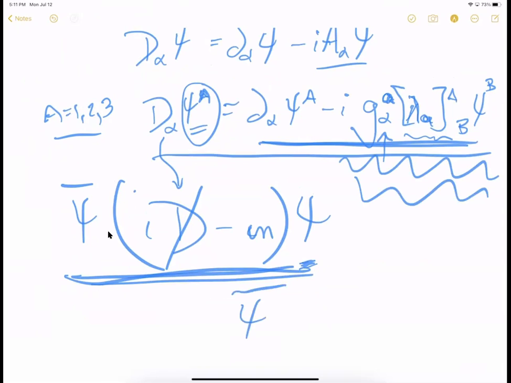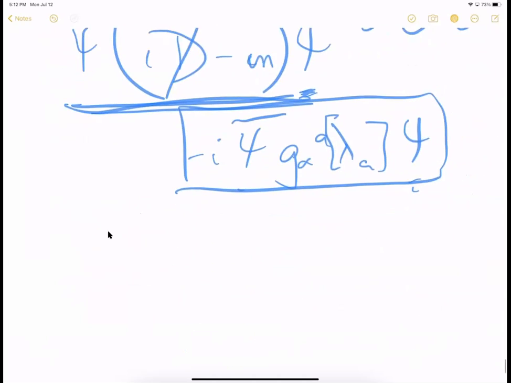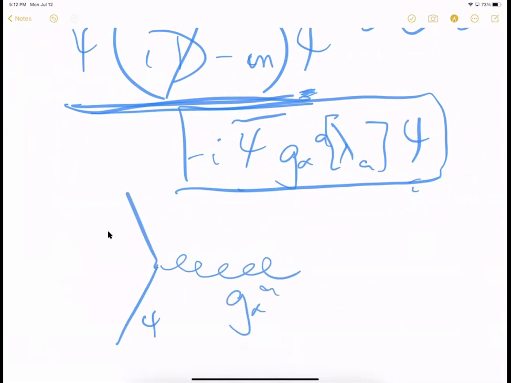Okay, so what this kind of term does is it includes this extra gauge stuff into the theory in a very precisely predicted way. So we've got minus i, G alpha A, lambda A is a matrix that acts on these two multiplets. This is an interaction, right? That says you've got a psi particle coming along and it's going to emit that gluon field and go on its way as probably something of a different color, right?